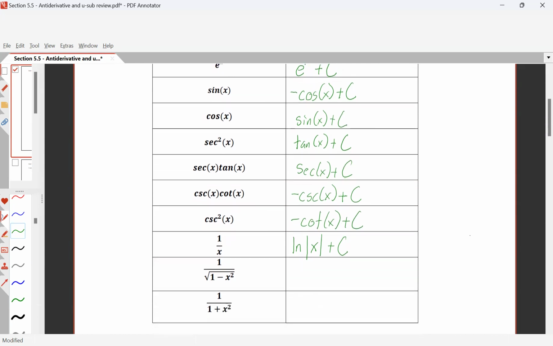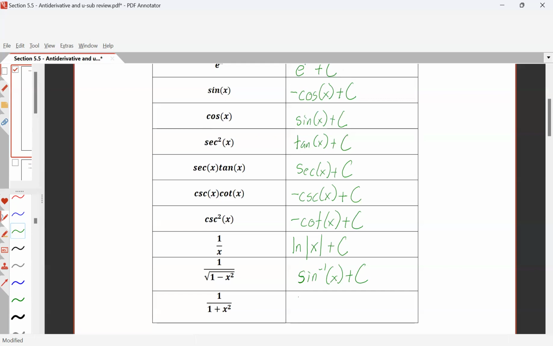And then the last two are some given inverse trigs. The derivative of arc sine, or sine inverse, is 1 over the square root of 1 minus x squared.